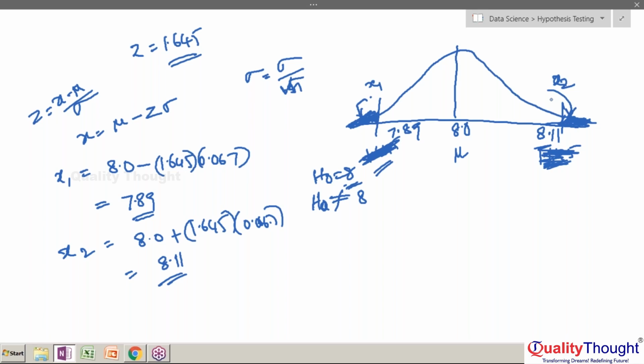Hence, if that happens, it is more likely that the value 8.0 is incorrect, always assuming that the population standard deviation is 0.15 grams. We will not reject the hypothesis if the average amount is 8.0. So this completely relies on the tails of the distribution, how we are going to work with that.